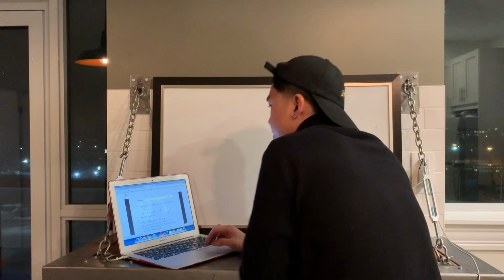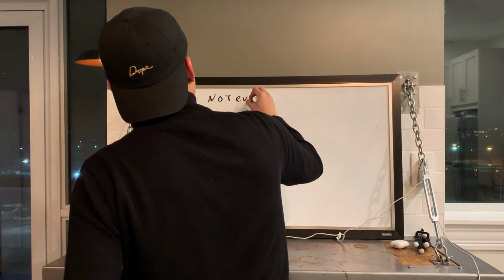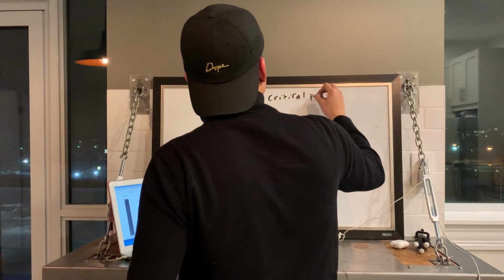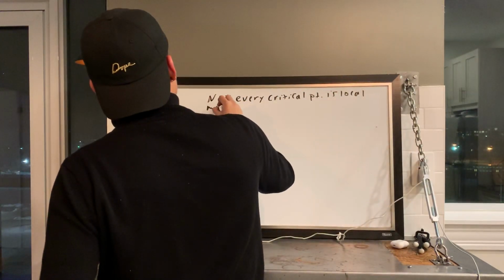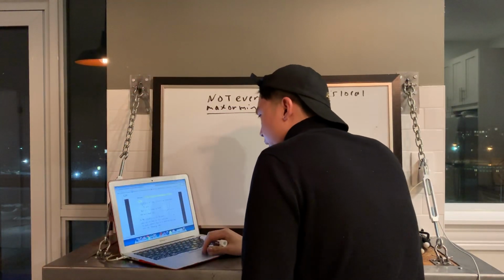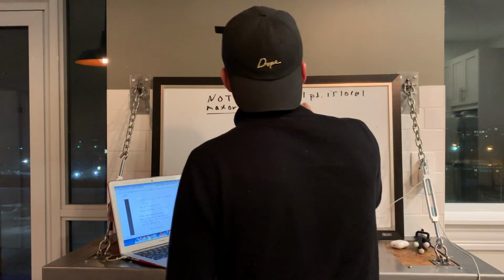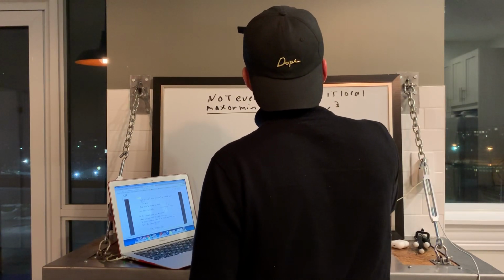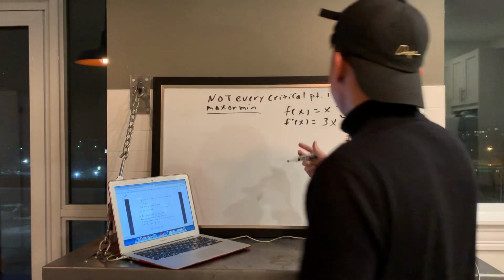Not every critical point is a local max or a local min. That's key. So if you have f of x equals x cubed, then f prime of x equals 3x squared, and the critical point would be x equals 0.